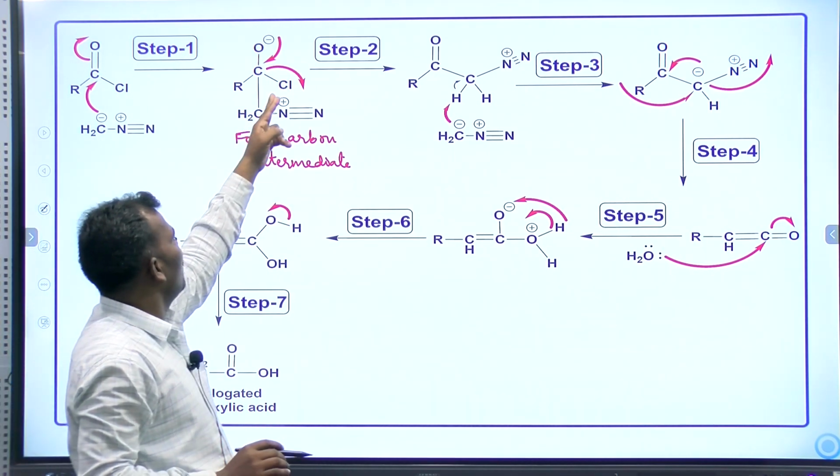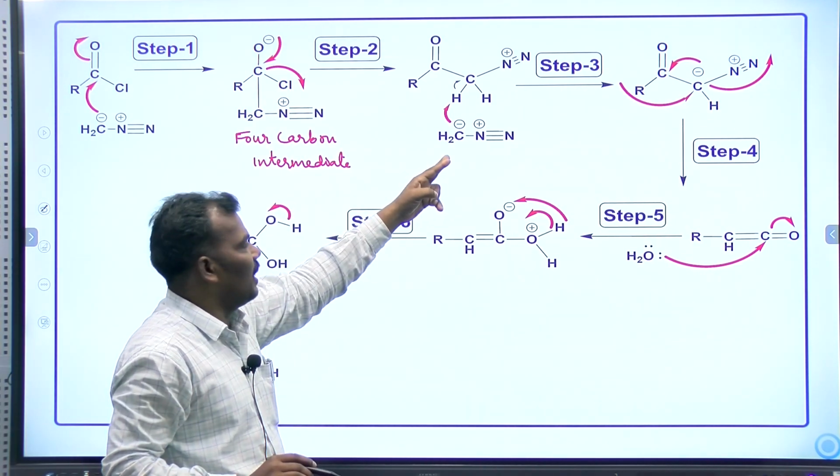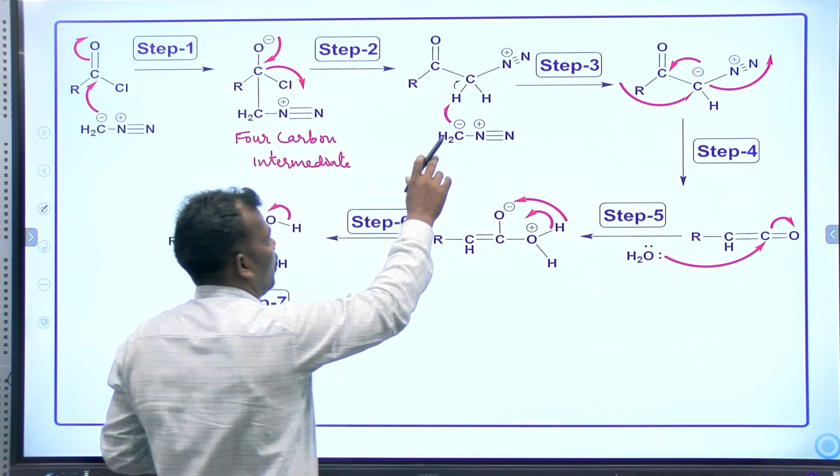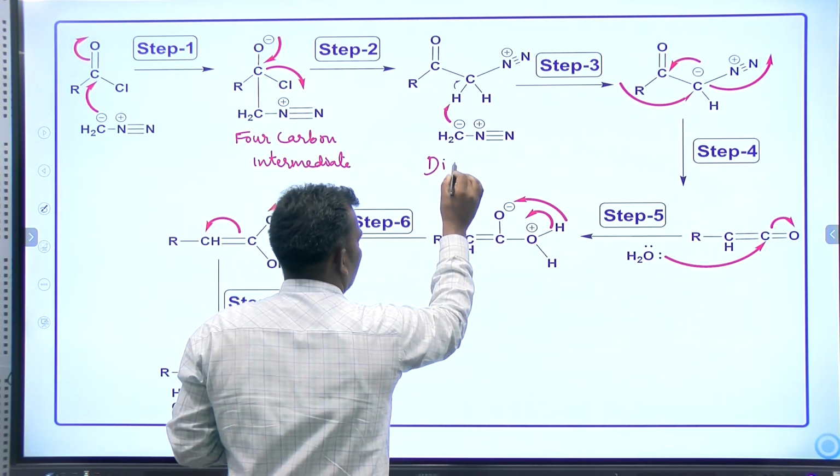By the removal of chloride, the diazoketone is formed.